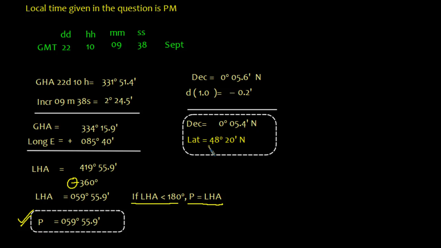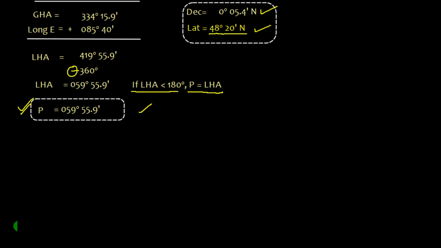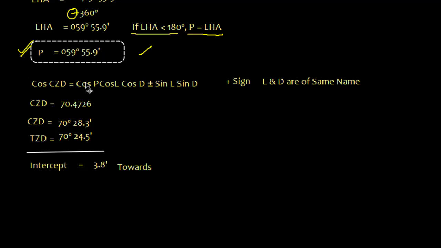Now the latitude 48 degrees 20 minutes, this is the DR latitude. So with this information, declination, latitude and P, we need to compute the calculated zenith distance. We have this formula: cos of calculated zenith distance is equal to cos P, cos L, cos D plus or minus sin L, sin D. We use the plus sign when latitude and declination are of the same name.